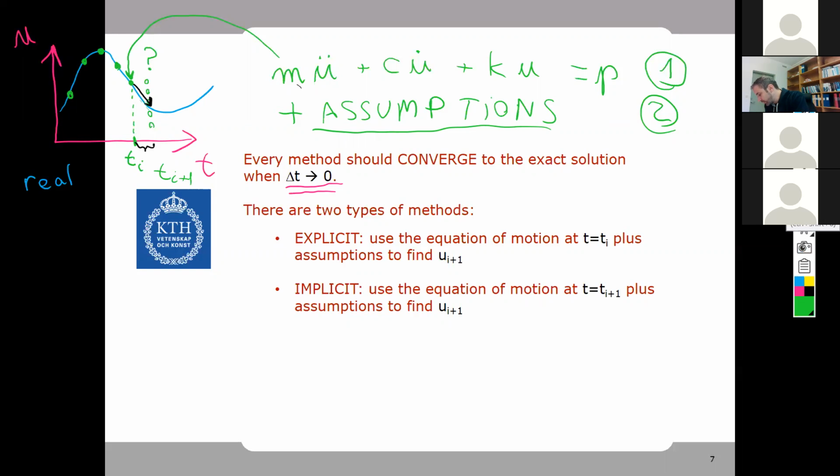But now the problem with these methods is that there is no guarantee that the equation of motion is going to be satisfied where we land.